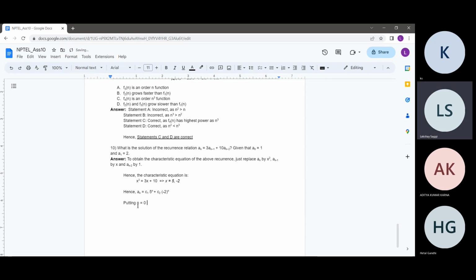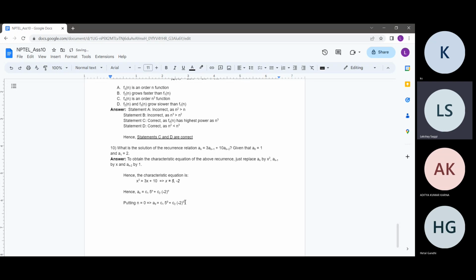what we'll get is a_0. Putting n equals 0 will give us a_0 equals c1 times 5 to the power n, where n is now 0, and similarly c2 times minus 2 to the power n, here also n is 0.